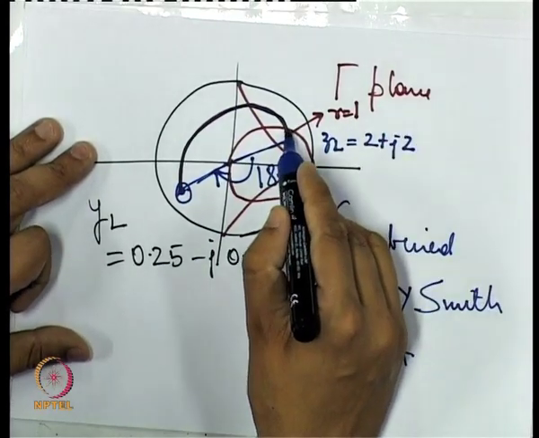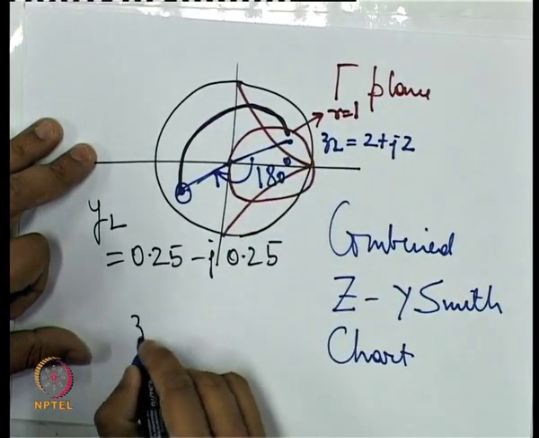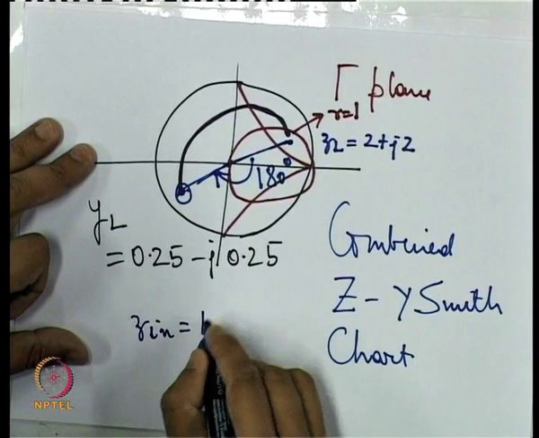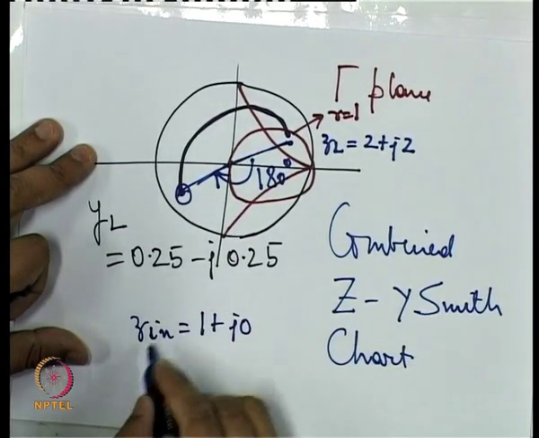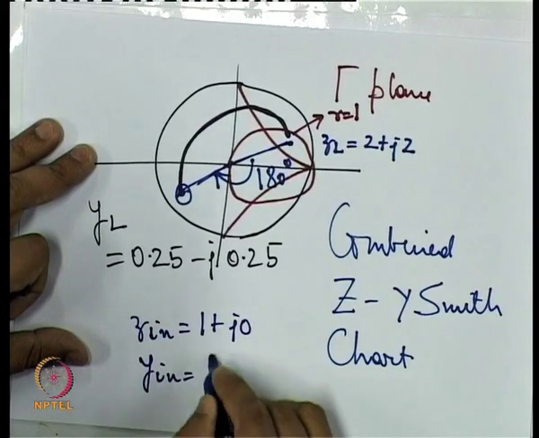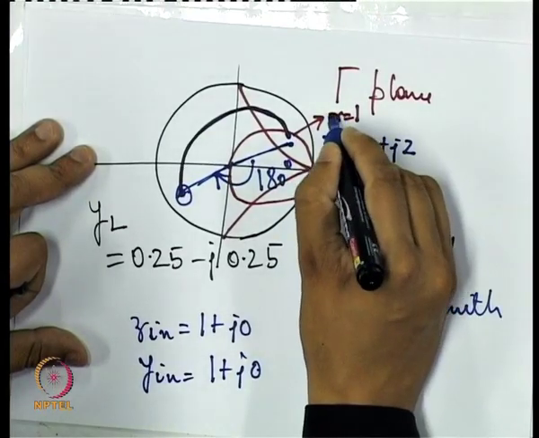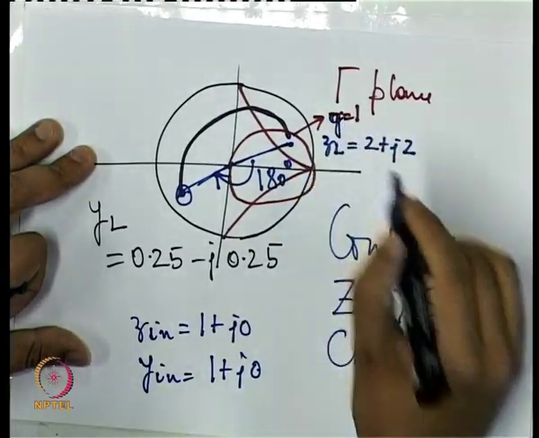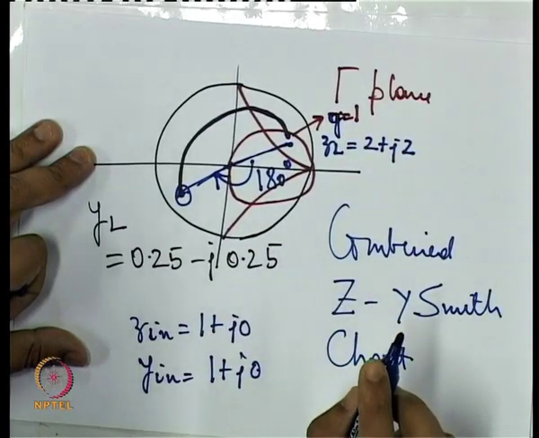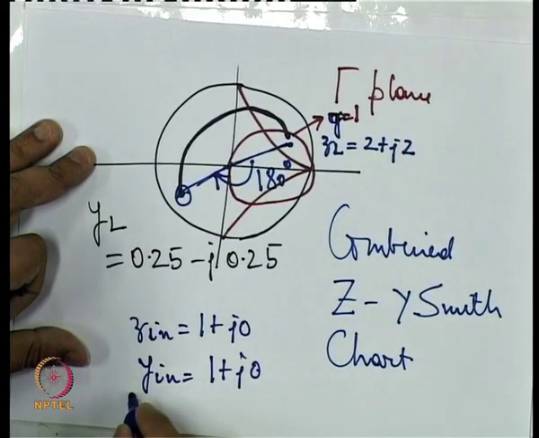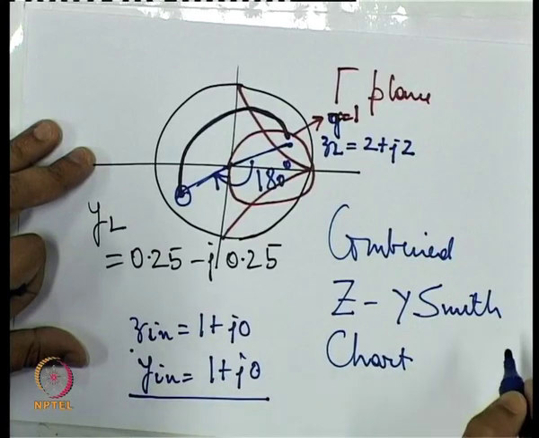Now, once you cross the r equal to 1 circle, because for impedance matching you have to have Z in equal to 1 plus J 0, or I can write in terms of Y in, you have to achieve 1 plus J 0. Just a small correction: this is the G equal to 1 circle, since we are on the Y Smith chart.